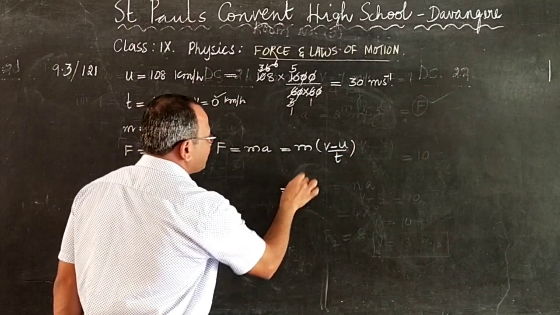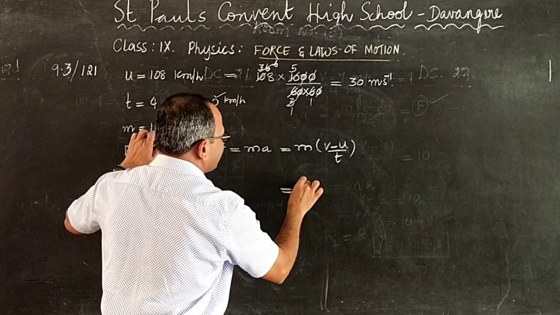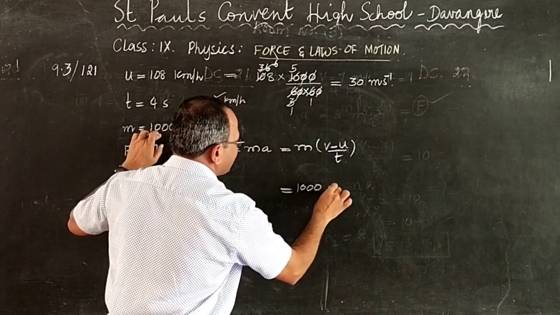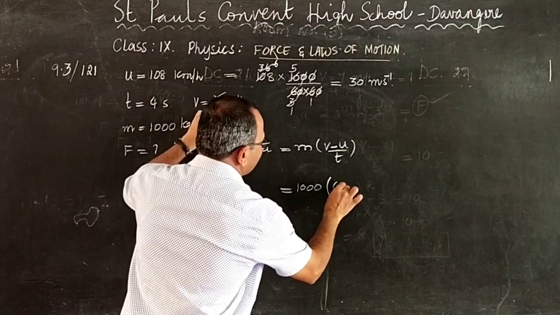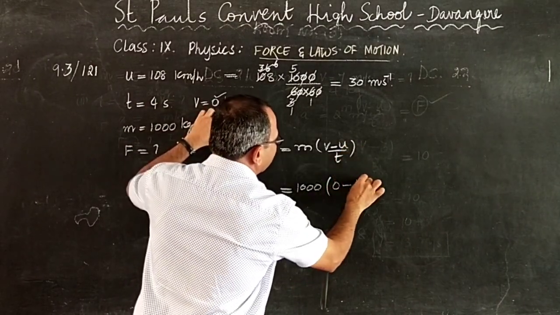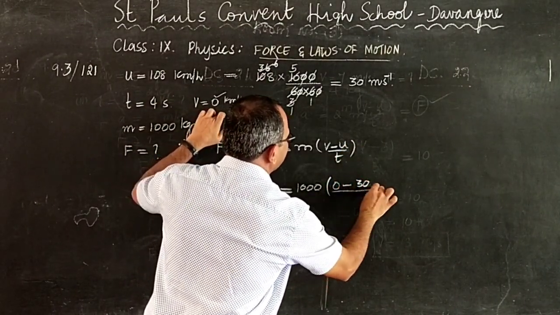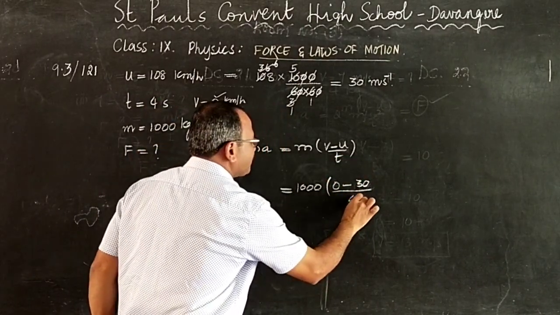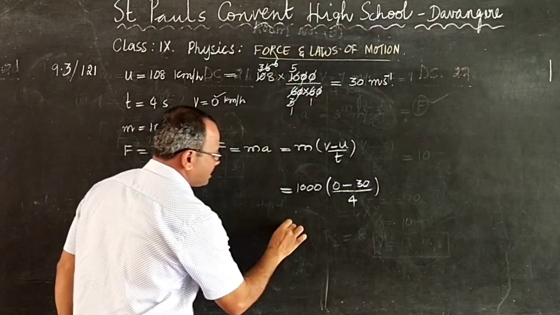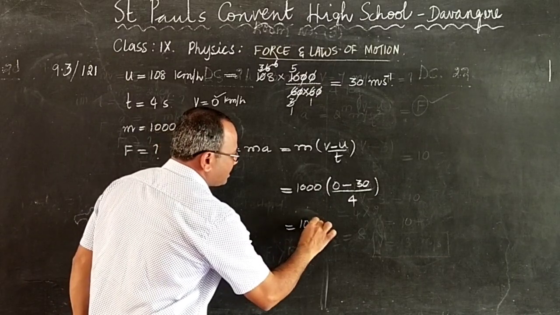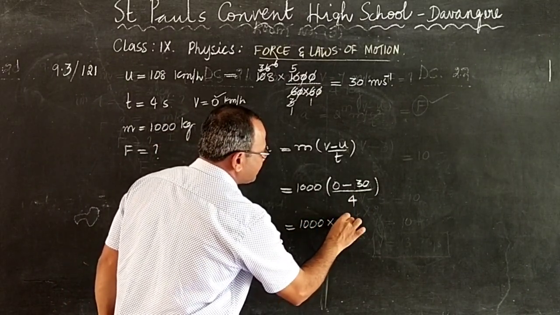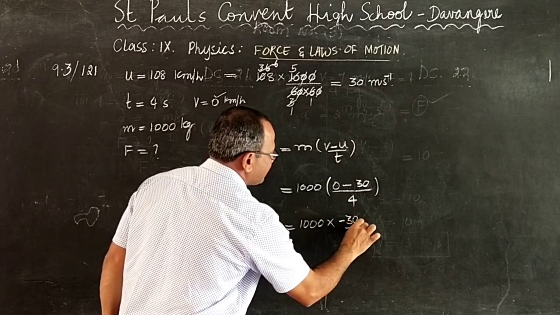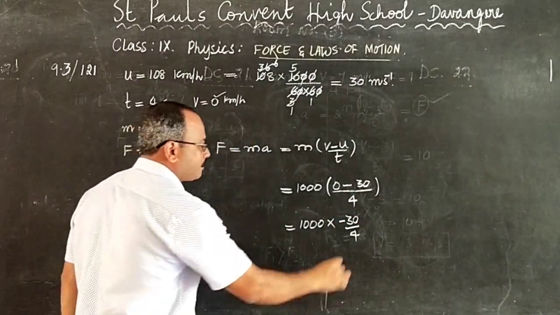Mass is given, children, it's about 1000 kg. Final velocity becomes 0 minus initial velocity becomes 30, divided by time taken becomes 4 seconds. This will be equal to 1000 into minus 30 by 4.